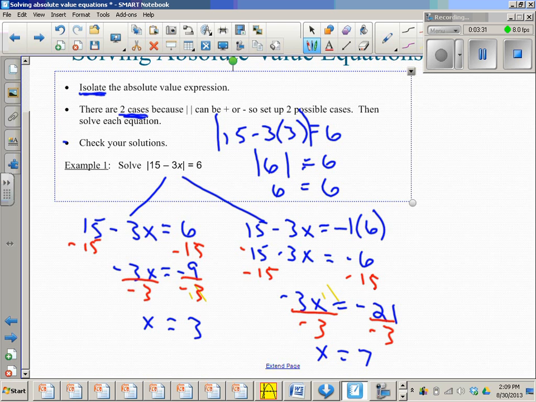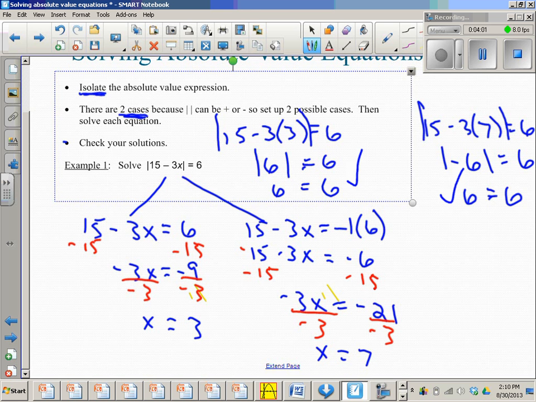Now we're going to check case 2, our second solution. 15 subtract 3 times 7 is -6. Absolute value of -6. Remember that since it's negative, we take the opposite of -6, which is +6. And both solutions work. Okay, now we need to write the solutions together in squiggly brackets. So this is the solution set of 3 and 7.